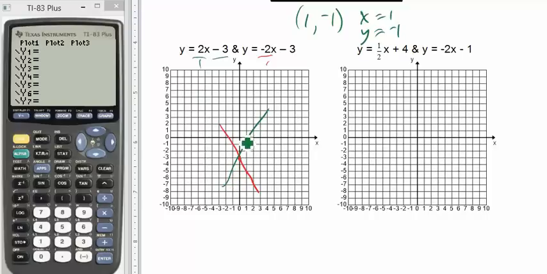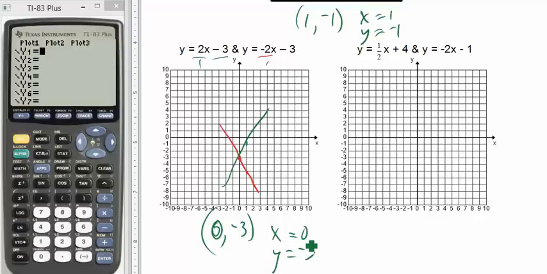So down 1, so x is 0, and down 1, 2, 3. Or x is equal to 0 and y is equal to -3. Alright, so you do the last one on your own.